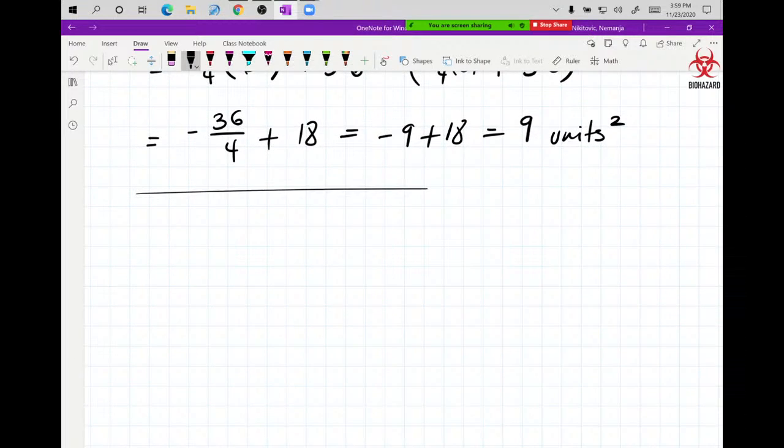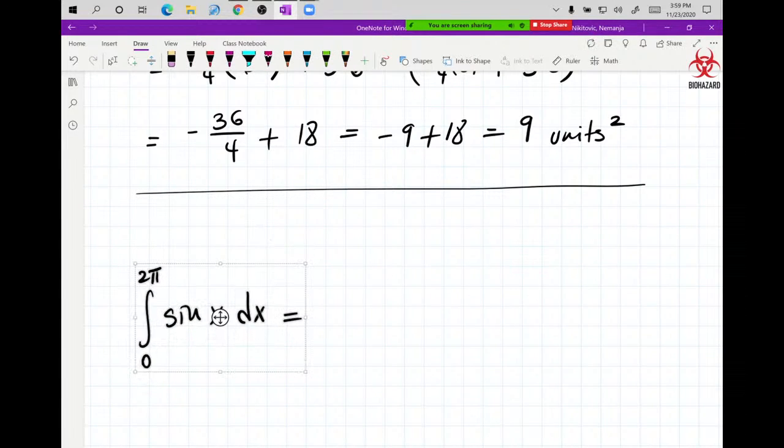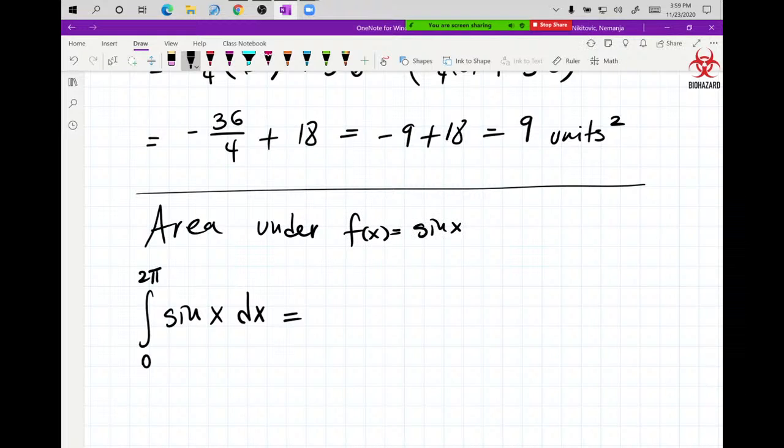Now we're going to compute the area under sine x dx from 0 to 2 pi. And we want the area. Actually, let me move this so I can put the area. There we go. Put it right here. There we go. And say area under f of x equals sine x on 0 to 2 pi.